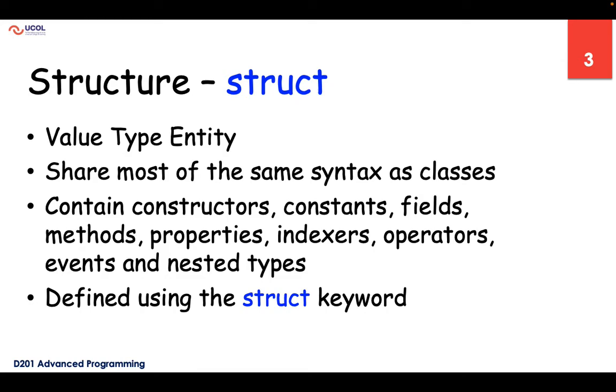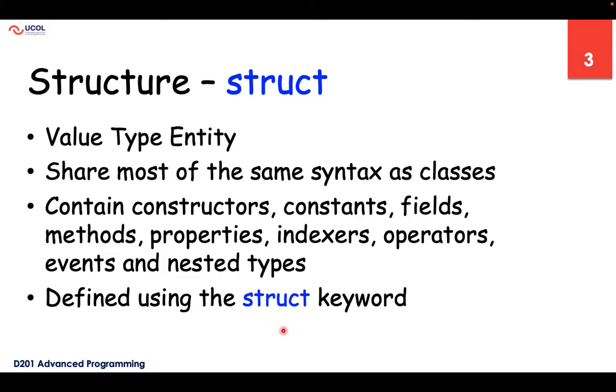Whenever we are passing a class from one method to the other, it is passed as a reference. On the other hand, a struct is a by value type entity. So that is one of the main differences between the structure and the class.